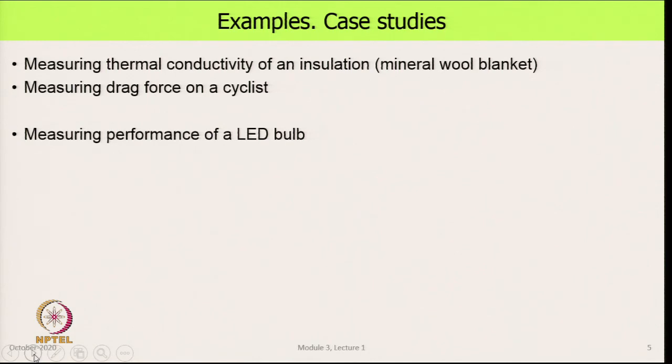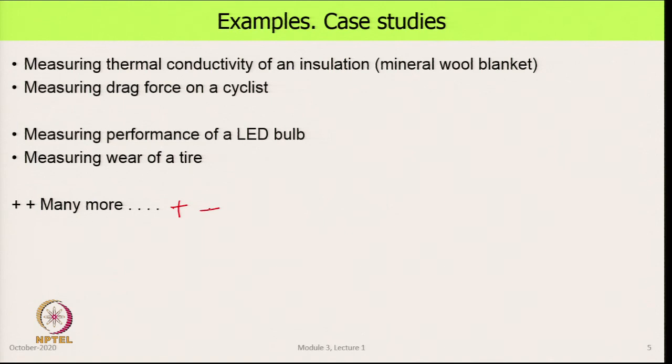That could be another experiment. Or we want to measure the wear of a vehicle tire. So, like that we can have lots of case studies and examples, and in the course of the problems, assignments, and later in the course, we will look at more and more examples of experimentation and application of uncertainty analysis.